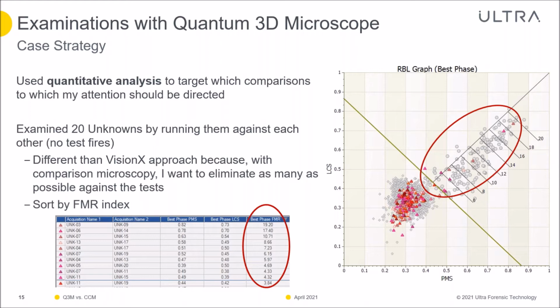So what I did is I examined the 20 unknowns by running them against each other with no test fires. And again, this is different than that Vision X approach, because with comparison microscopy, I want to eliminate as many as possible against the test. And then once I ran the quantitative analysis, I sorted by the FMR index.